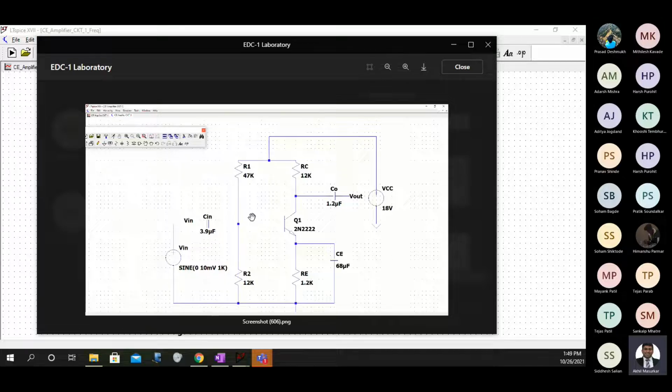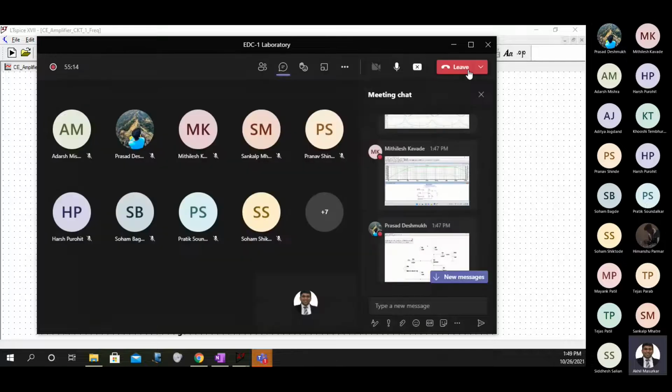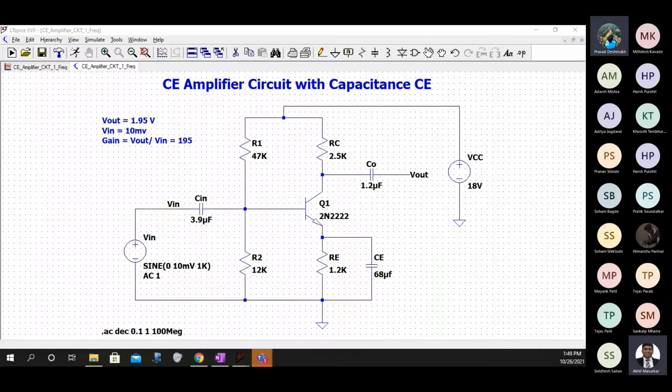So Prasad, see the value of RC. How much should be the value of RC? Sir, but before that it was only, I think. No, so put the values correctly. Okay, sir. Sorry. Okay, Harsh.